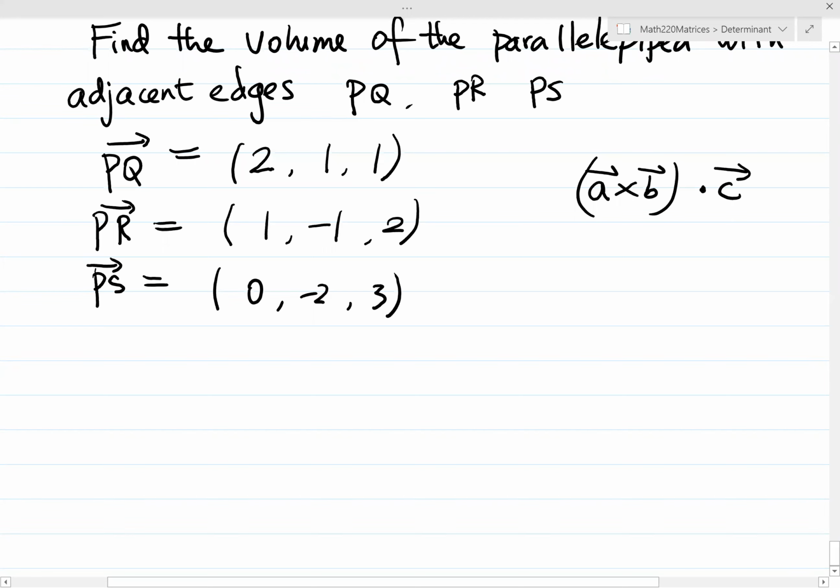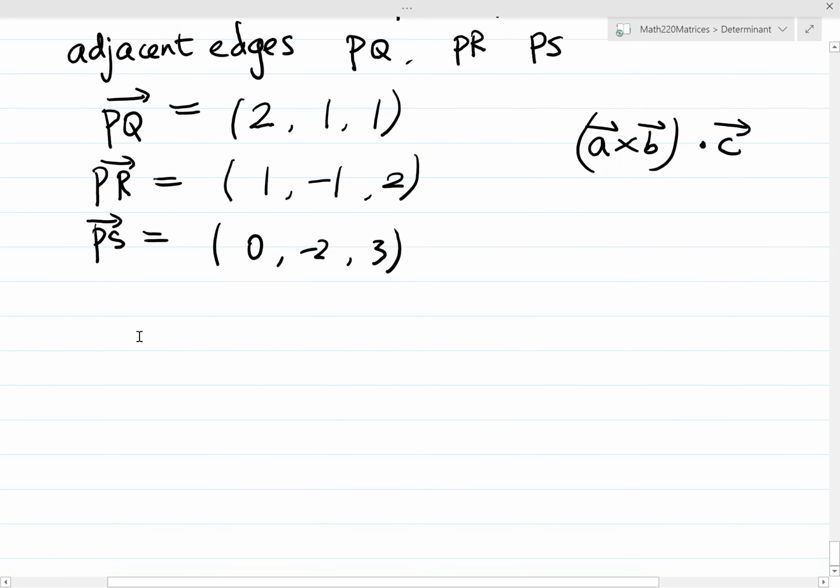We will see in a moment what happens. So let's choose PQ, PR, PS. We do PQ cross PR dot PS.